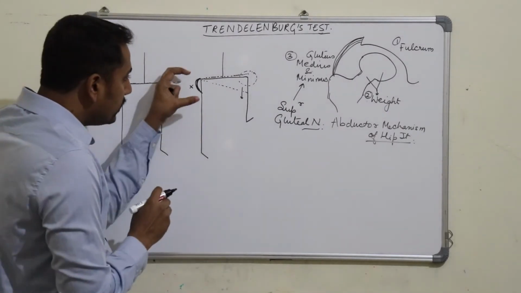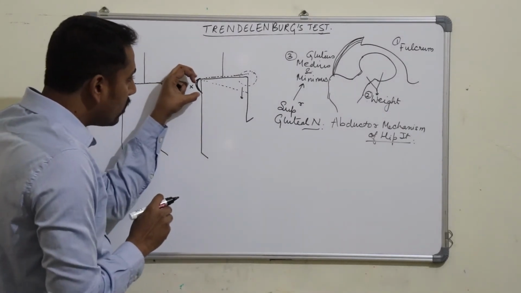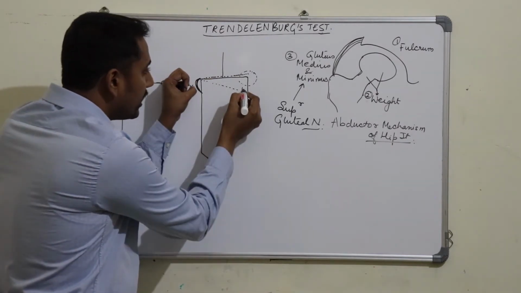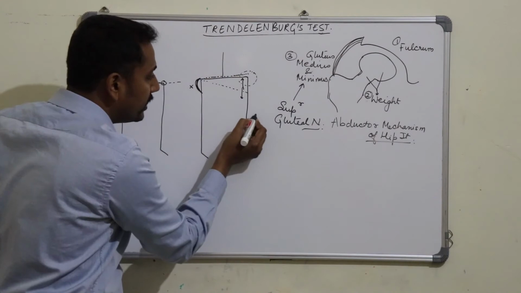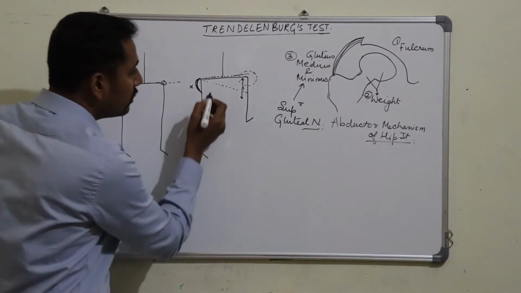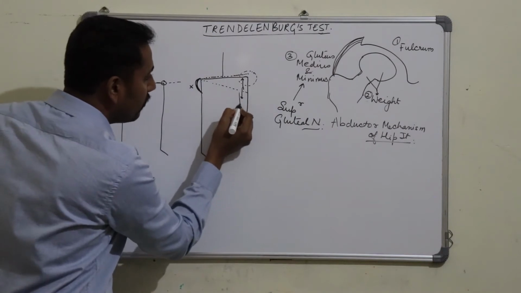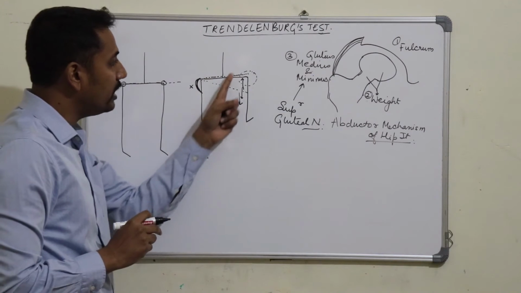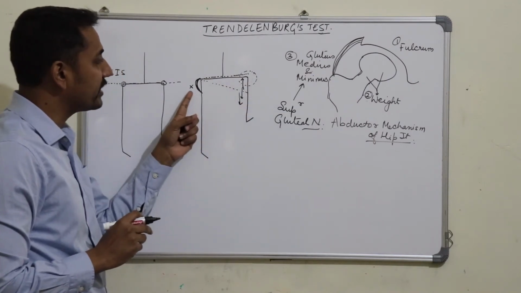So this side abductor mechanism will not be able to push the opposite side pelvis upward when the lower limb of the opposite side is above the ground. So the opposite side pelvis will fall down. So remember that the pelvis falls on the opposite side of the affected side.